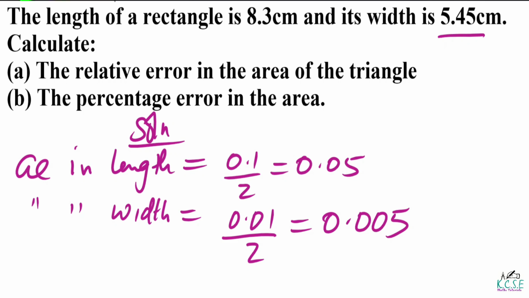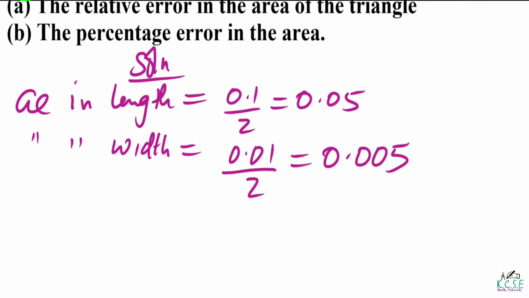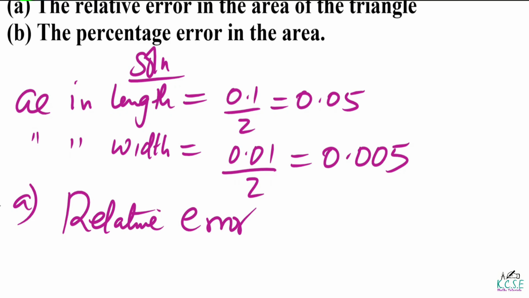So the relative error in the area will be obtained by adding the relative error in each of the measurements that you're given. This is what I mean. So for part A, in obtaining the relative error, we obtain this by adding the relative error in each of the measurements.